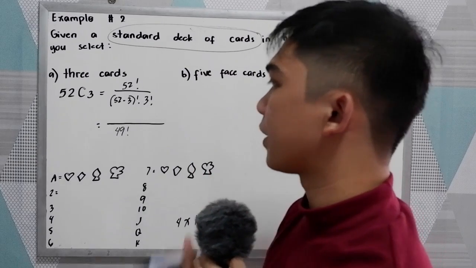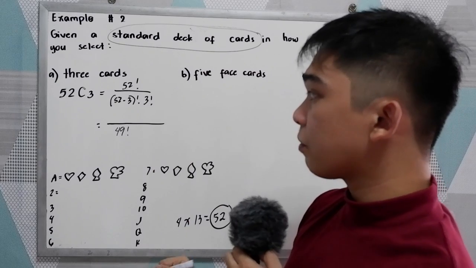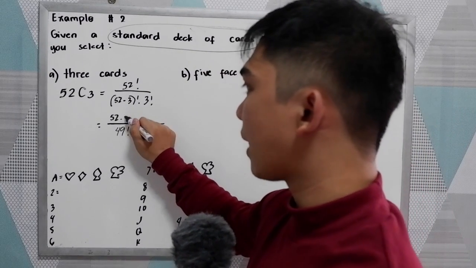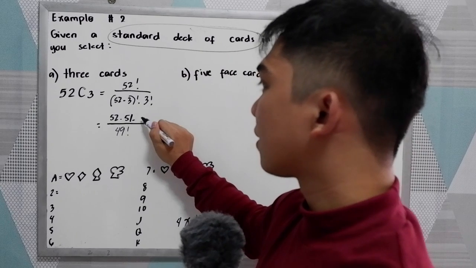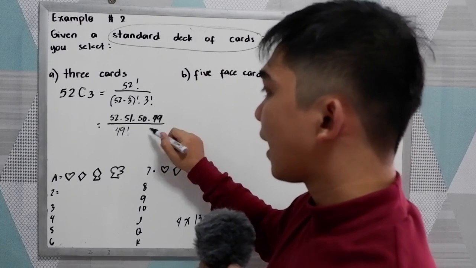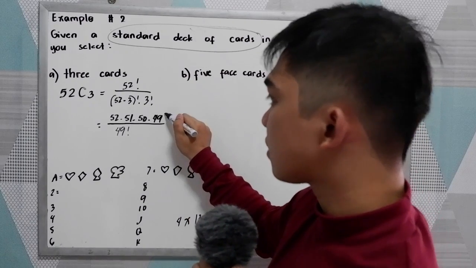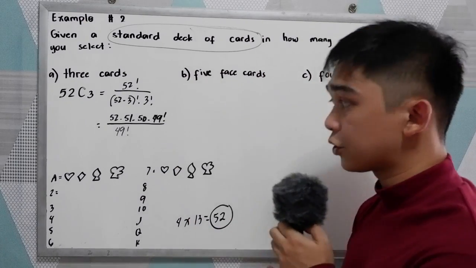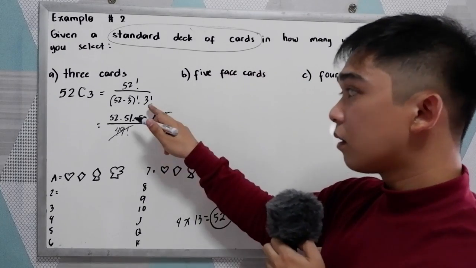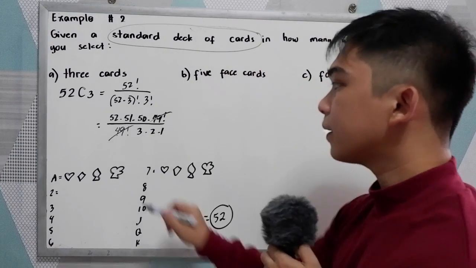Then copy factorial. Now after simplifying 52 minus 3, proceed in our numerator. So 52 factorial is 52 times 51 times 50 times 49. Then since we have 49 factorial in our denominator, you can stop at 49 factorial in the numerator. So we can cancel that. Then 3 factorial is equal to 3 times 2 times 1.